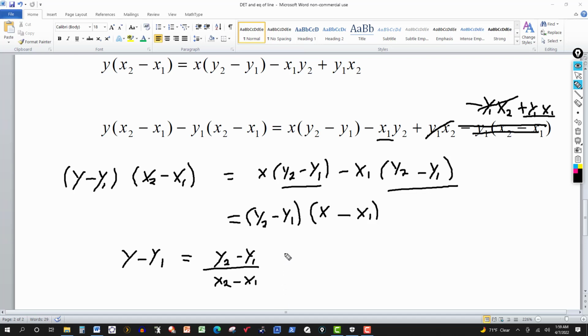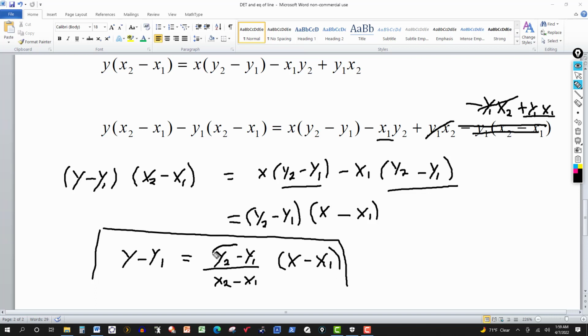And that's multiplied by x minus x sub 1. So y minus y1 equals y2 minus y1 over x2 minus x1 times x minus x sub 1.